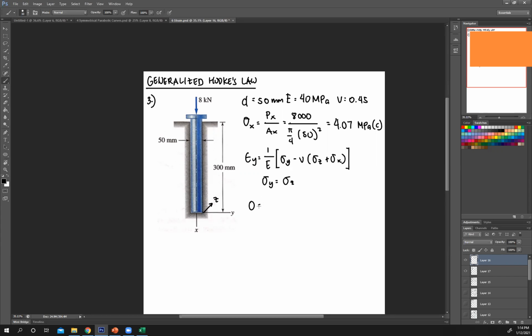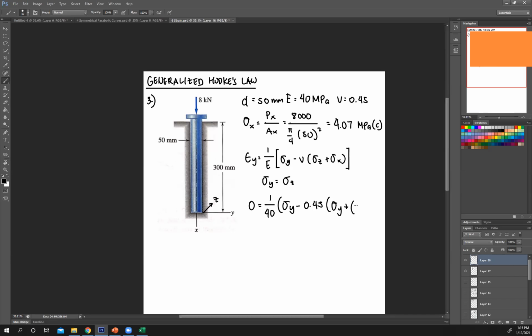So 0 equals 1 over E, and E is 40, times sigma y minus v, 0.45, times sigma y again, plus 4.07.